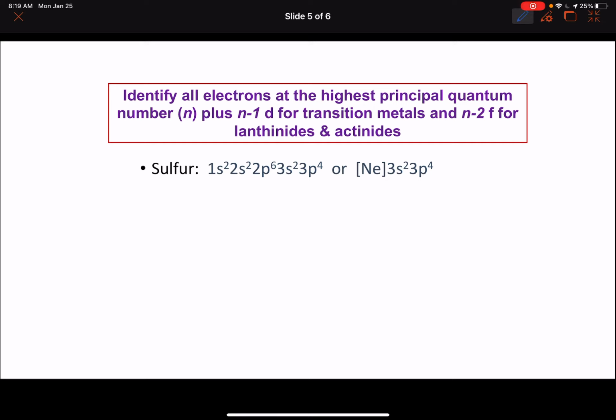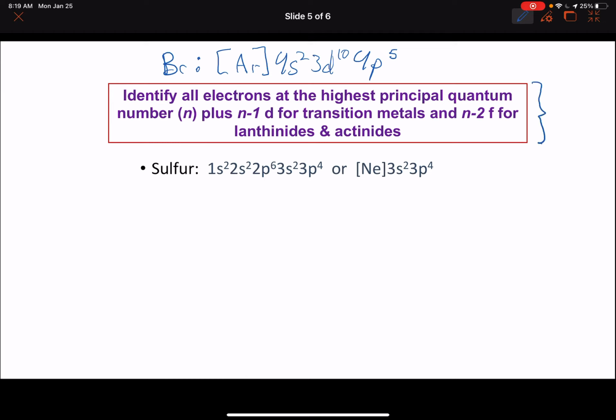So we'll remind ourselves here of the neutral bromine. We saw that we were going to use argon as a starting point and then jump right away to the 4s2, 3d10, and finally ending at 4p5.